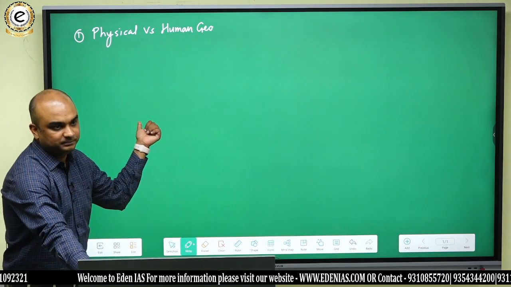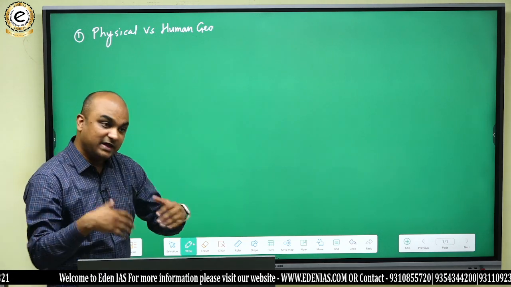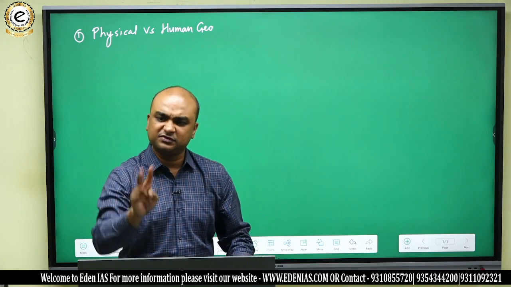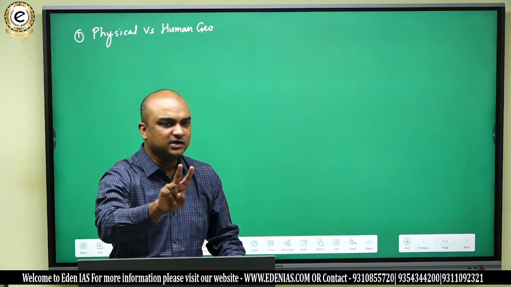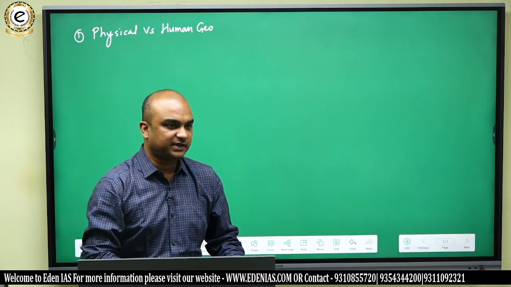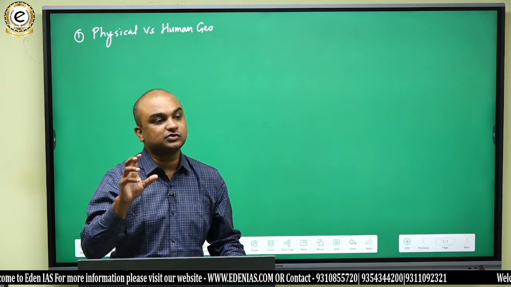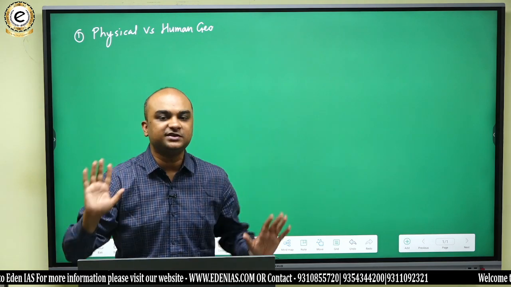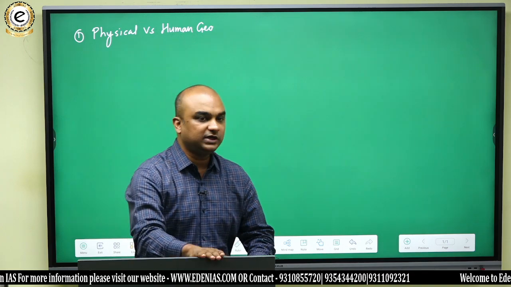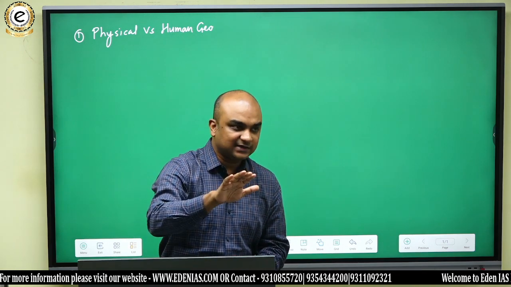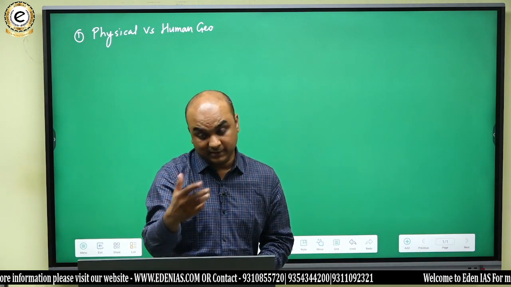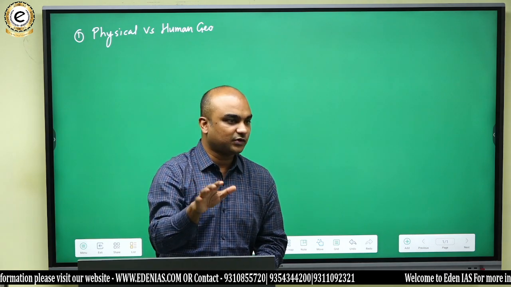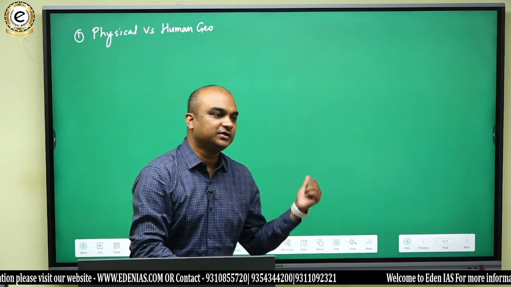Physical geography. When we talk about man's activities, and man performs generally two activities over the surface of the earth, they are social or economic activities. In fact, political activities also ultimately lead to social or economic change. So when we replicate social and economic activities over a map of the world or a part thereof, we are in the realm of human geography.